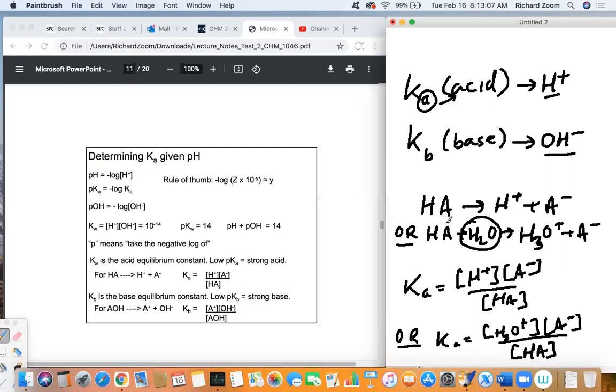But there's 2 ways of expressing it. You could either just say HA gives H plus A minus, or you can include the water. But if you include the water, then to balance it, it's going to be H3O plus instead of just H plus. But if you look at what H3O plus is, it's really just H2O with an H plus attached to it. So both of those are going to be equivalent. And I'm going to use them interchangeably, and you need to be prepared for that.